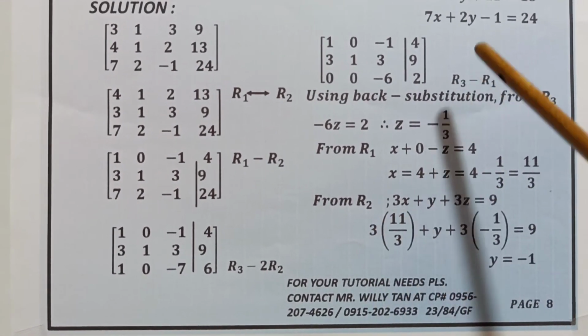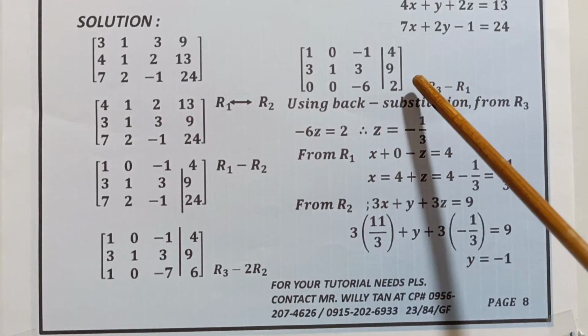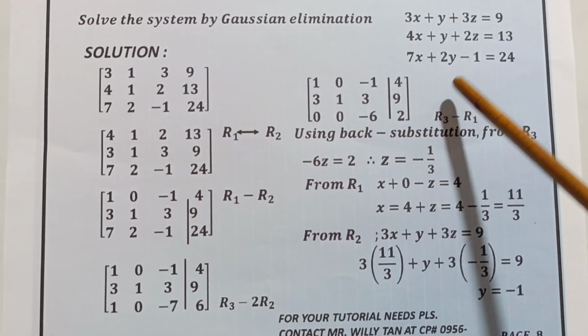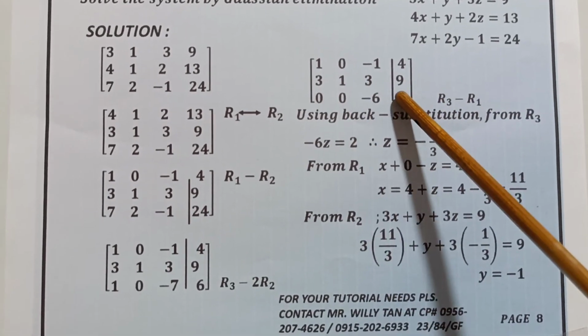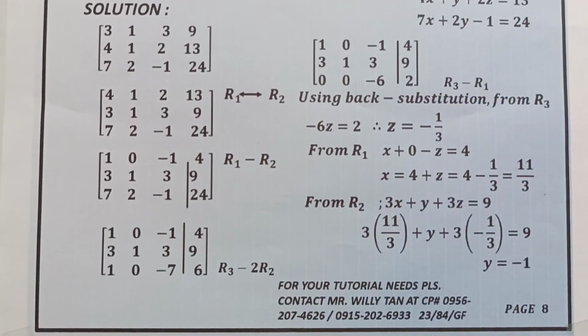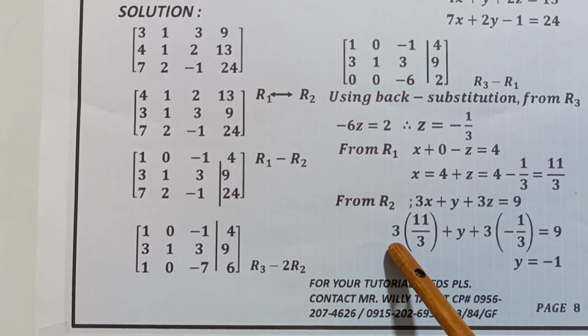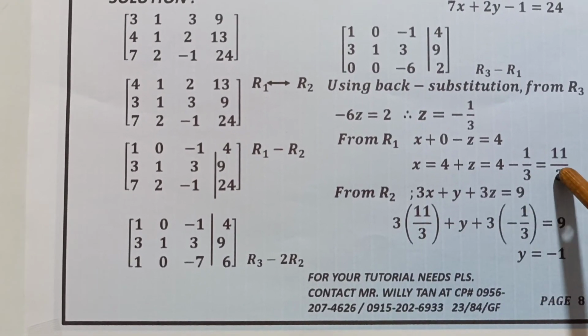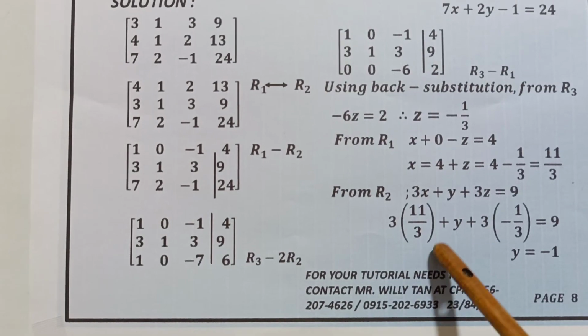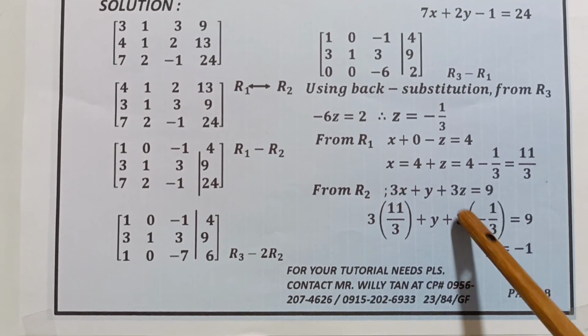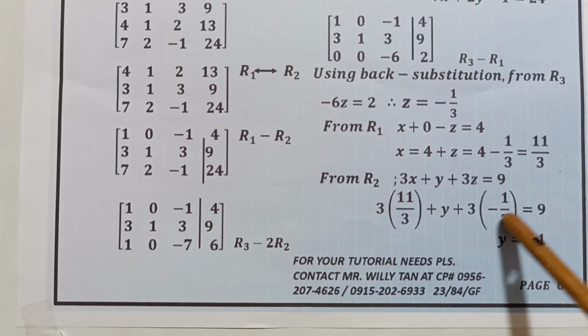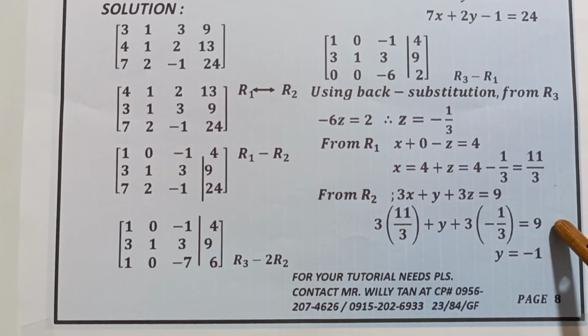So from row 2 here, since you have used the two equations, you just substitute the two variables in row 2. So 3x plus y plus 3z is equal to 9. The value of x is 11 over 3 plus y plus 3 times the value of z, which is negative 1/3. That is equal to 9.